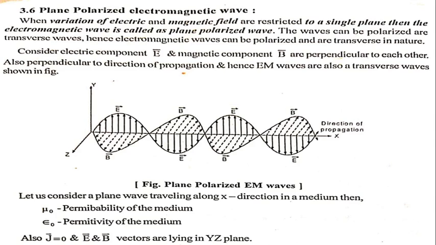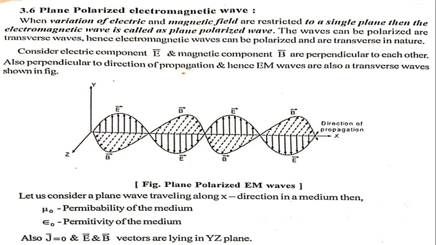When variation of electric and magnetic field are restricted to a single plane, then the electromagnetic wave is called a plane polarized wave. That is the definition of a plane polarized wave.